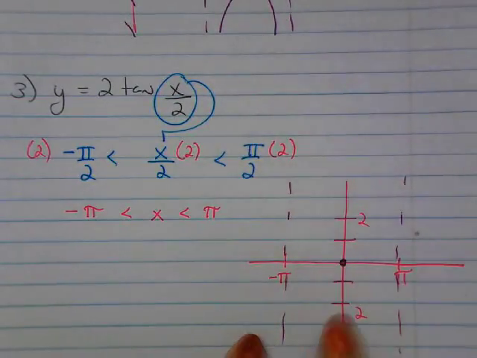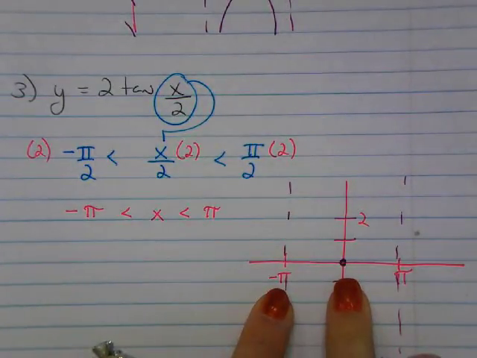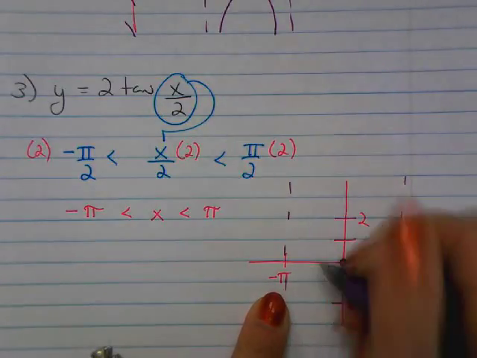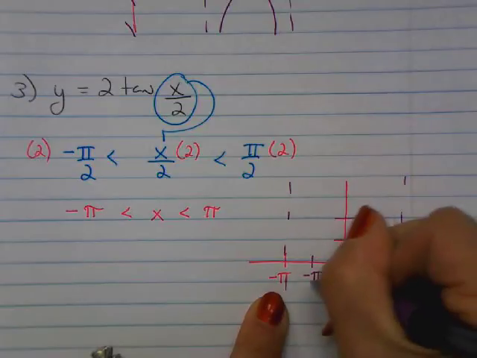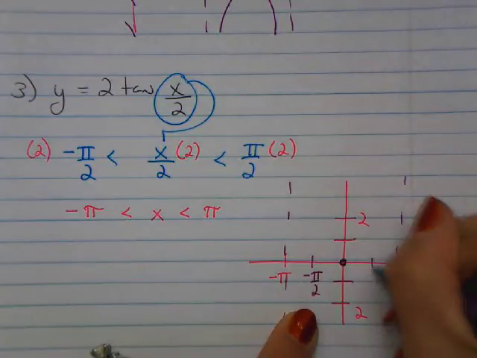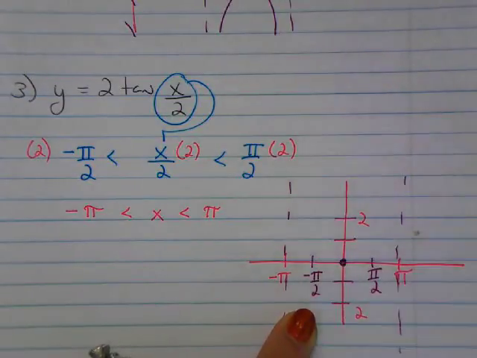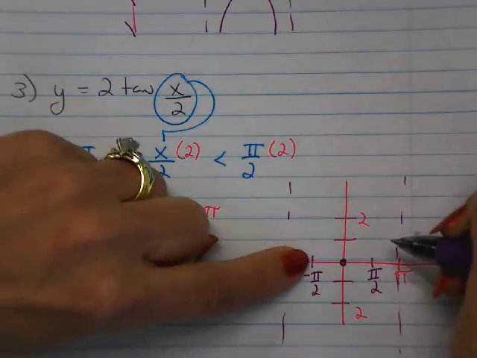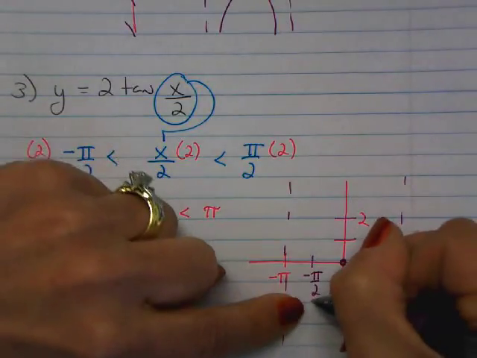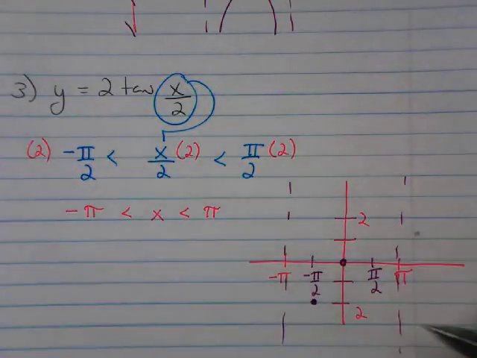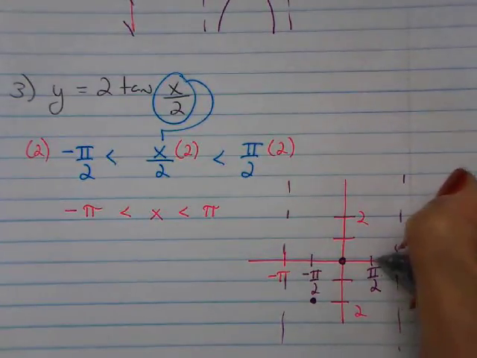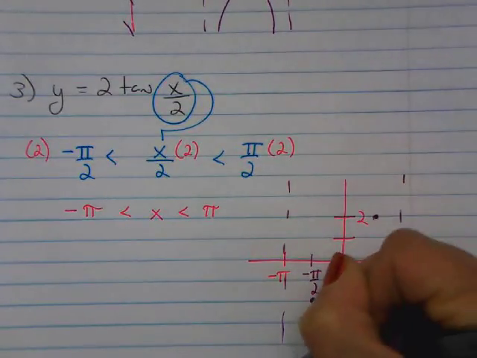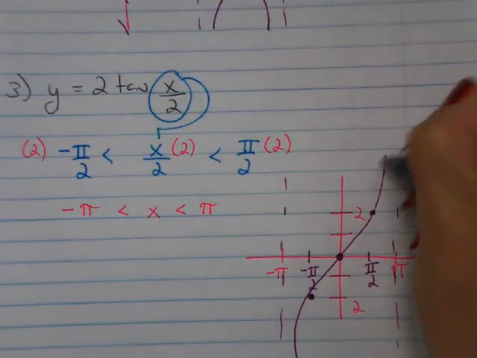Now you subdivided this again, so what's halfway between negative pi and 0? Negative pi over 2. And halfway between 0 and pi is pi over 2. Now, if you remember, the tangent curve starts low and goes high. So at this halfway point, I drop down to the pseudo amplitude, and at this halfway point, I rise to it. And I'm only asking you to graph one period.